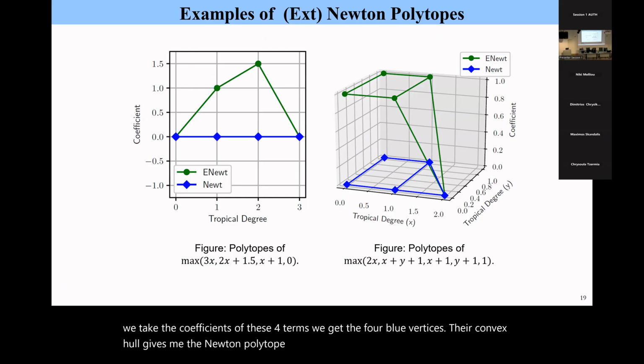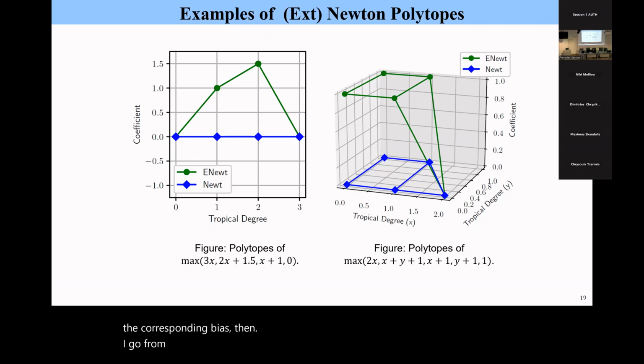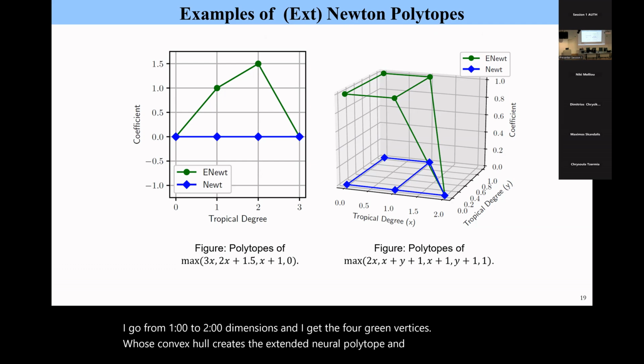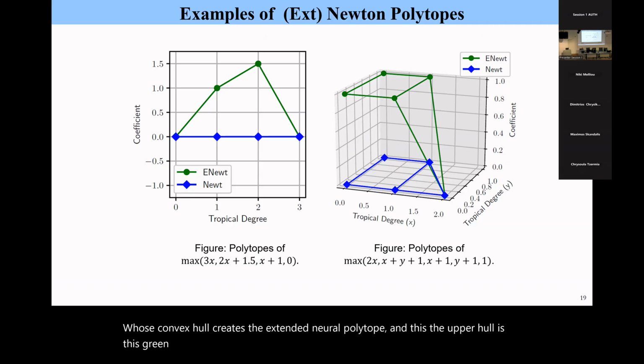But if I augment each one of these slopes with a corresponding bias, then I go from 1 to 2 dimensions, and I get the four green vertices whose convex hull creates the extended Newton polytope. And the upper hull is this green curve, and the vertices of the upper hull essentially determine the function corresponding to this max-plus polynomial.